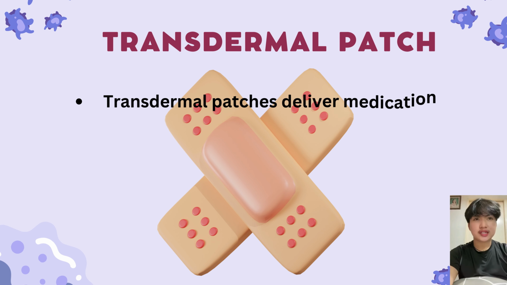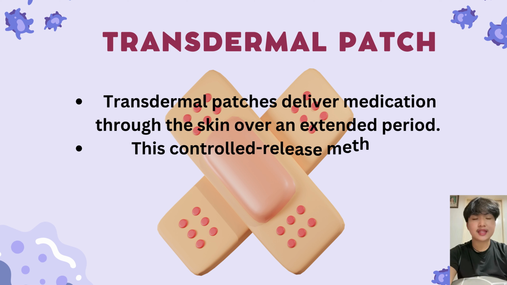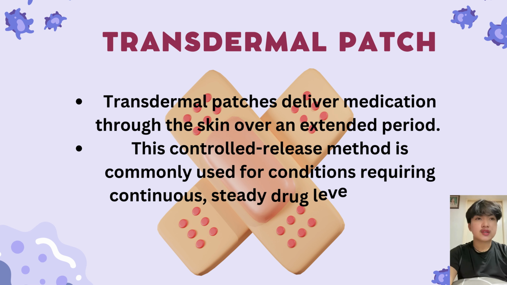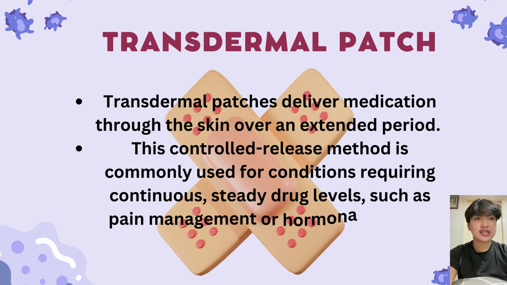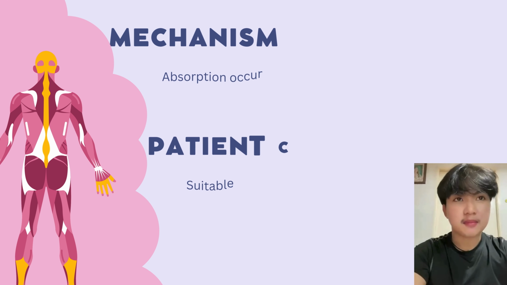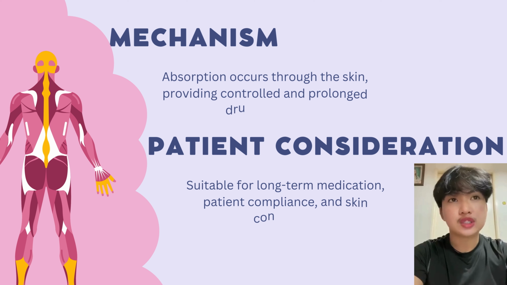Transdermal patch. Transdermal patches deliver medication through the skin over an extended period. This is commonly used for conditions requiring continuous steady drug levels such as pain management or hormonal therapy. Mechanism: absorption occurs through the skin, providing controlled and prolonged drug delivery.